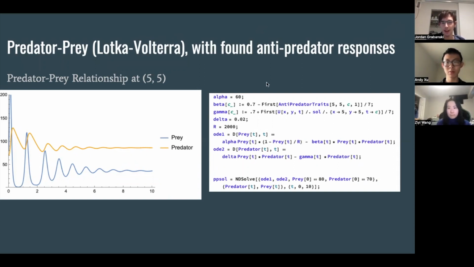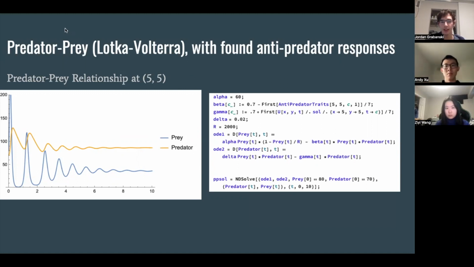So like our beta constant, what would be a constant in Lotka-Volterra is no longer constant. It changes at each time step based on the strength of the anti-predator trait. So if the anti-predator trait is very weak, then more predators will kill the prey, is the idea.